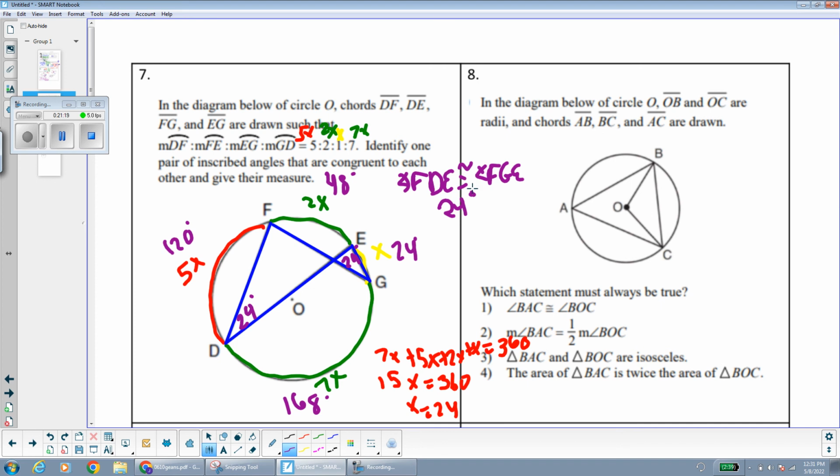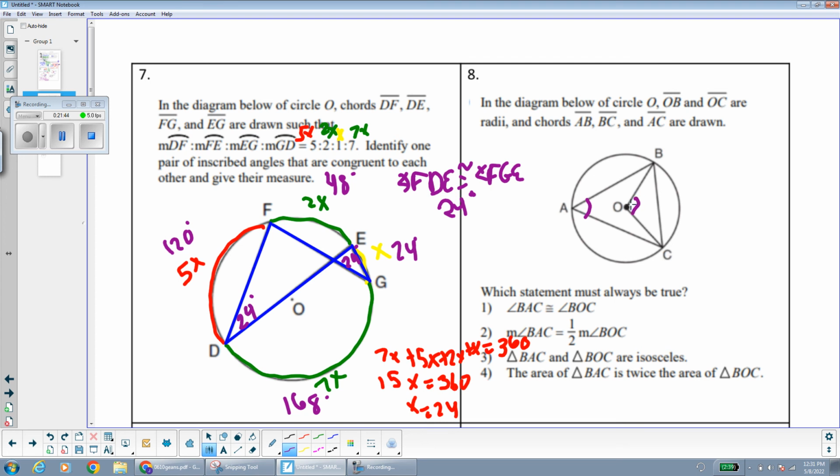For number 8, it says in the diagram below of circle O, OB and OC are radii, and chords AB, BC, and AC are drawn. And we need to figure out which statement must always be true. So the first one's asking if angle BAC, this one right over here, is always congruent to angle BOC.